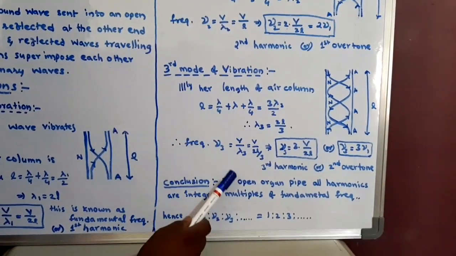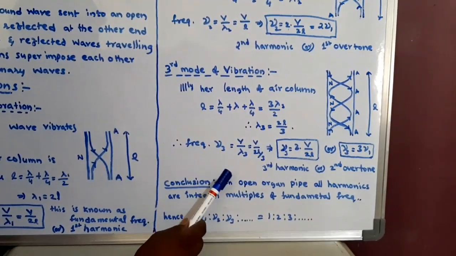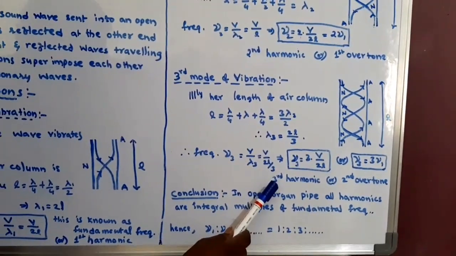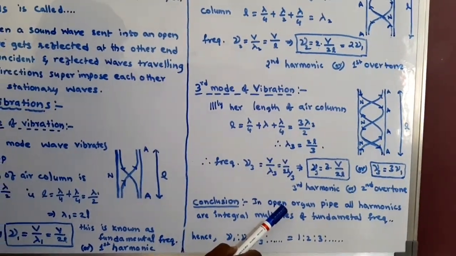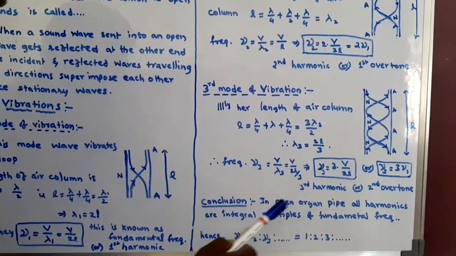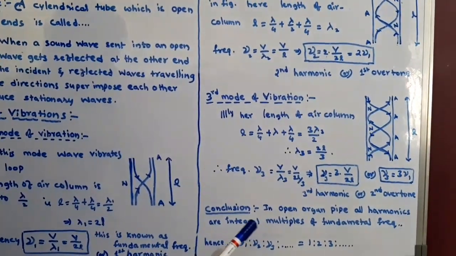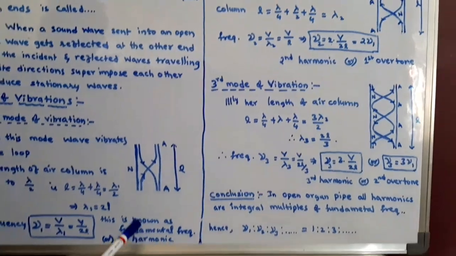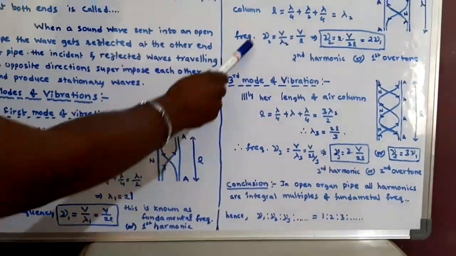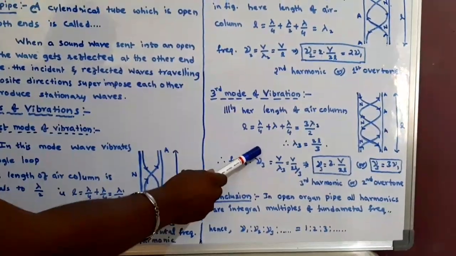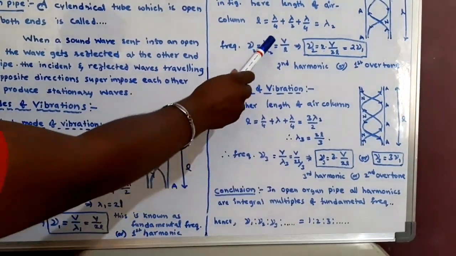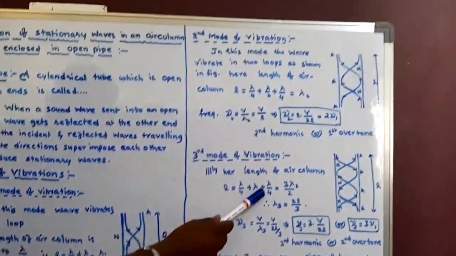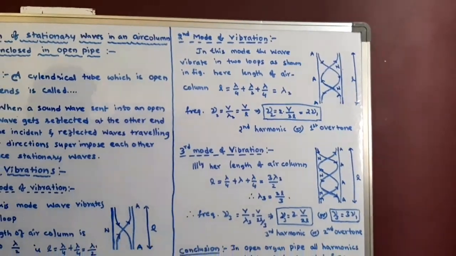In the third mode of vibration, the frequency will be named the third harmonic or second overtone. In the first harmonic, second harmonic, third harmonic, this is the fundamental frequency, this is the first overtone, this is the second overtone, and so on.